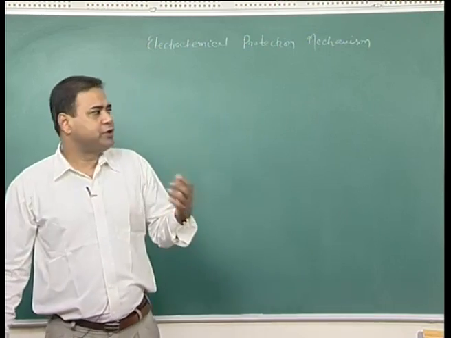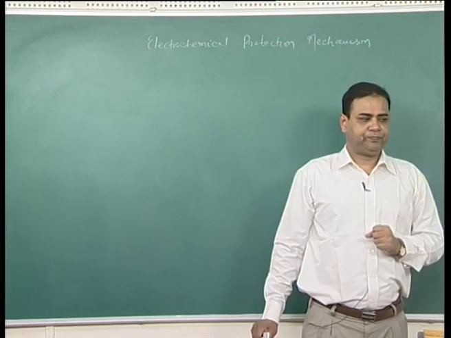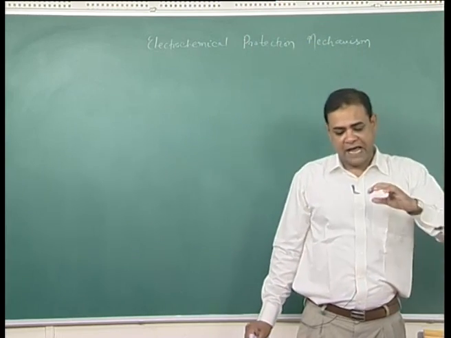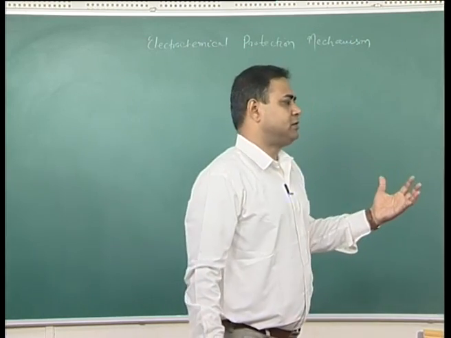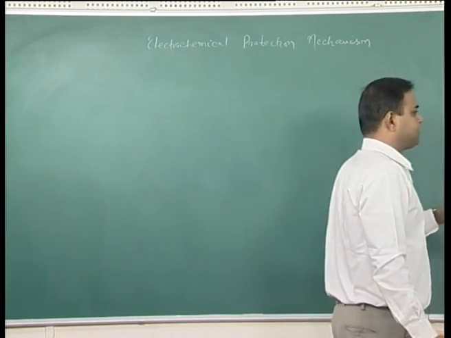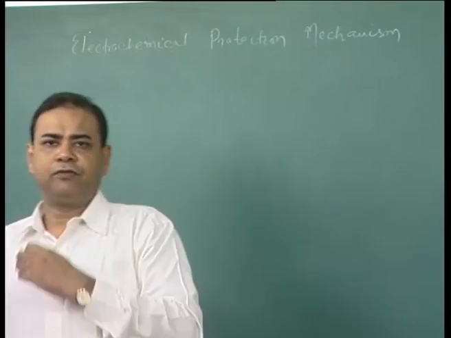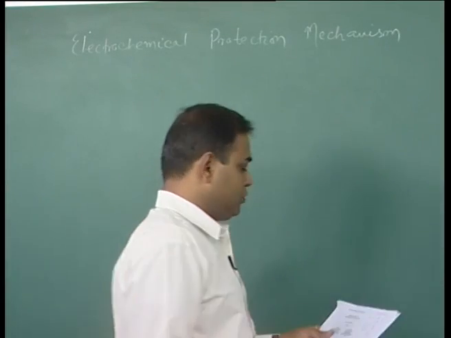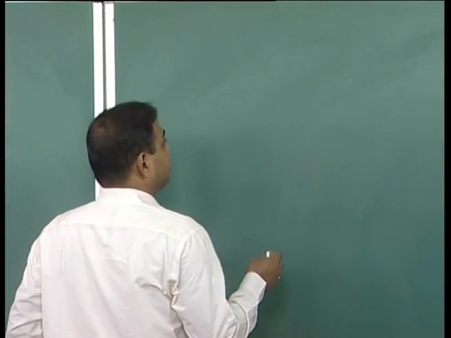So, we will try to have some sort of mechanism where we can control the corrosion. Rather, the corrosion rate can be reduced to a great extent, so that the metallic structure or the alloy structure can be used for a much longer period. So, let us first see how many ways we can have the corrosion protection.